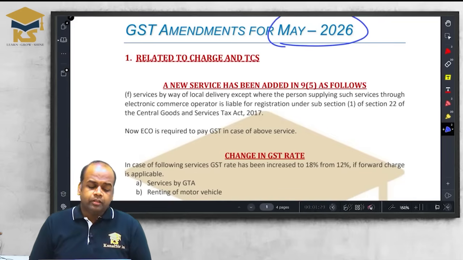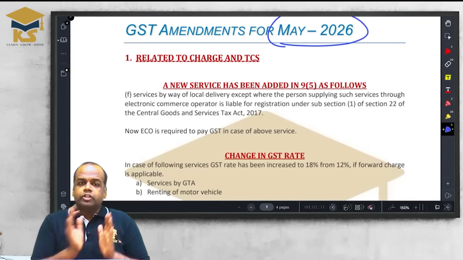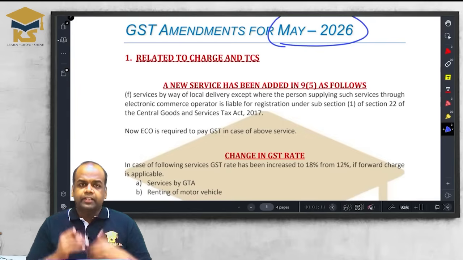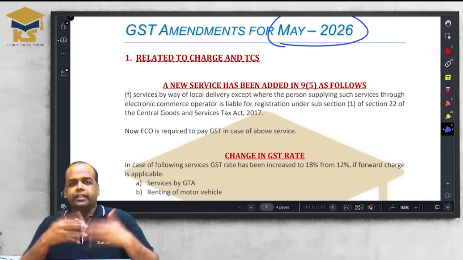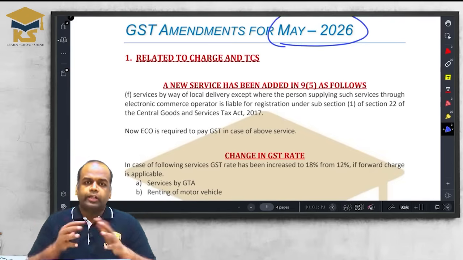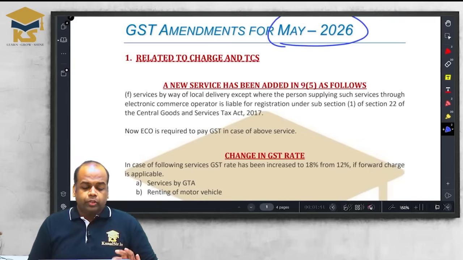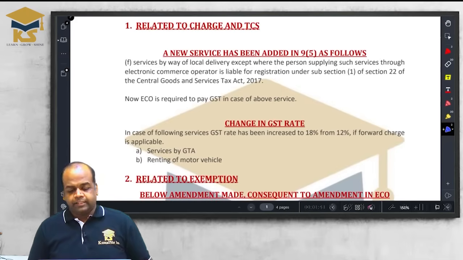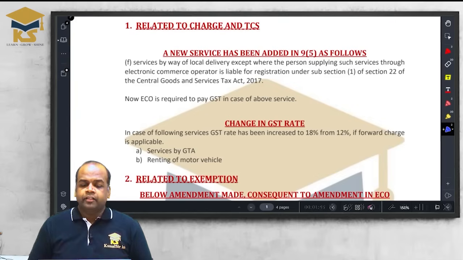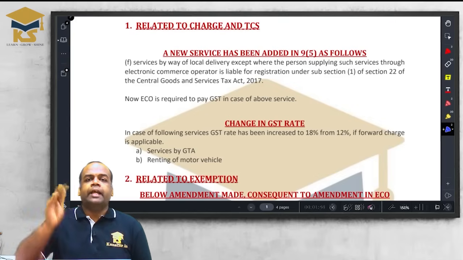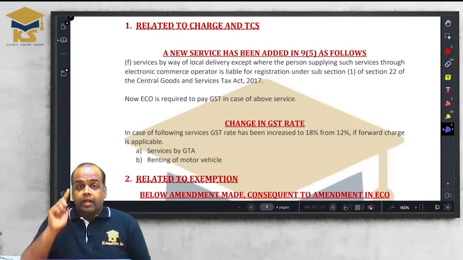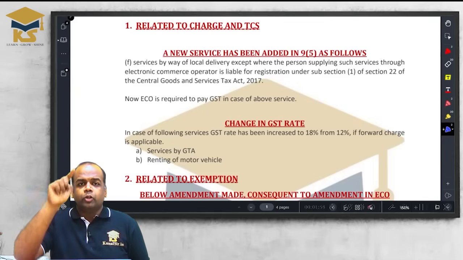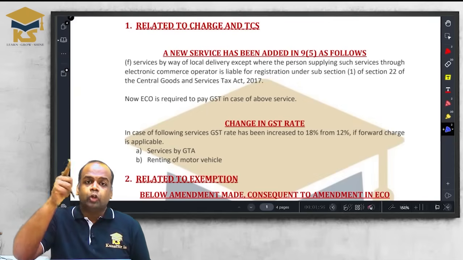The first one is related to your charge and TCS chapter. Here I have divided the amendments chapter-wise, so it will be very easy for you to correlate and understand. Related to charge and TCS, we have one amendment related to section 9(5). Under 9(5), you remember who has to pay tax? E-commerce operator.